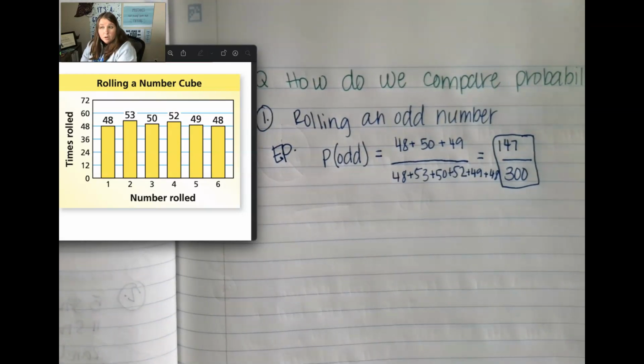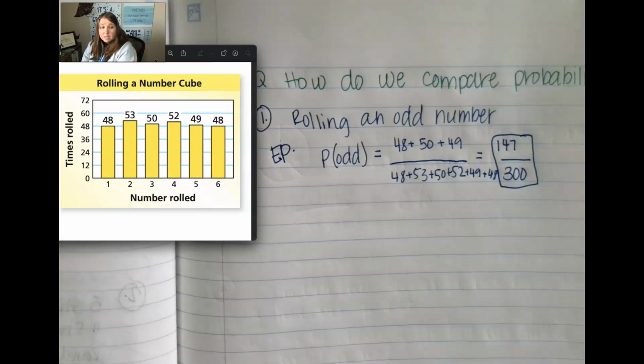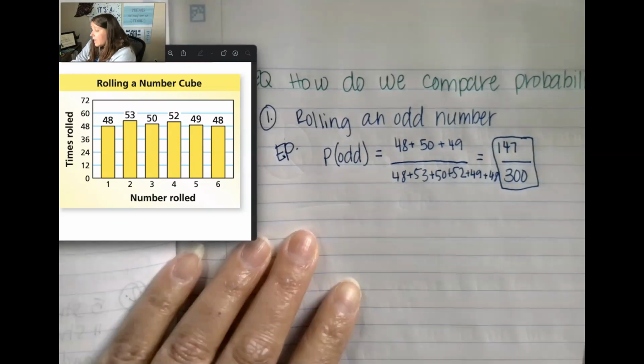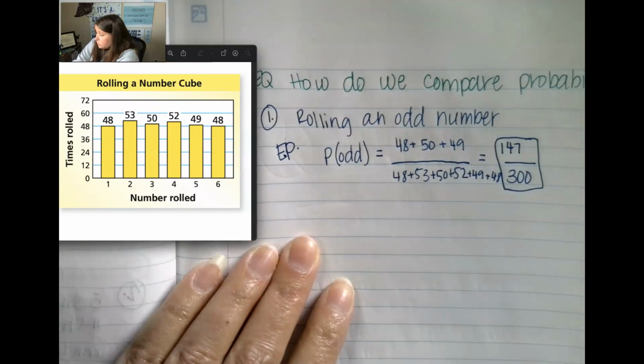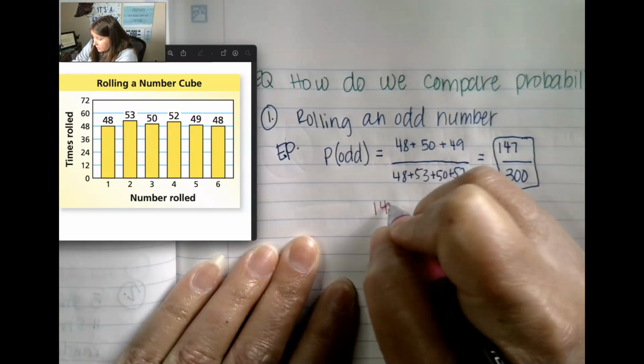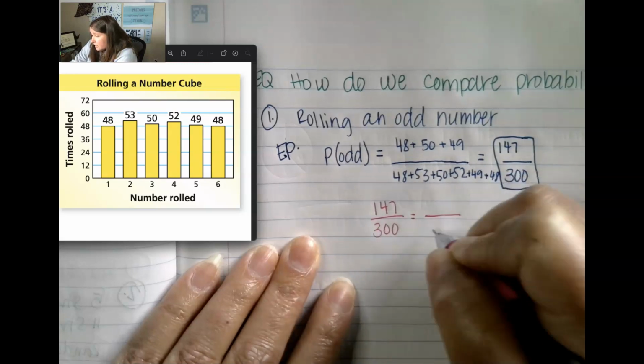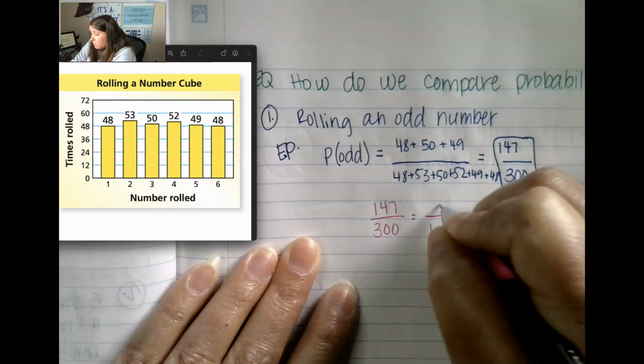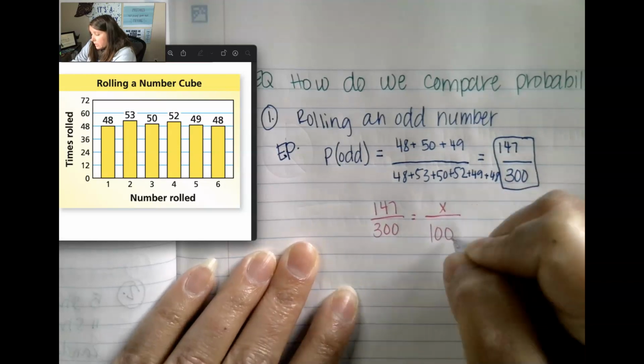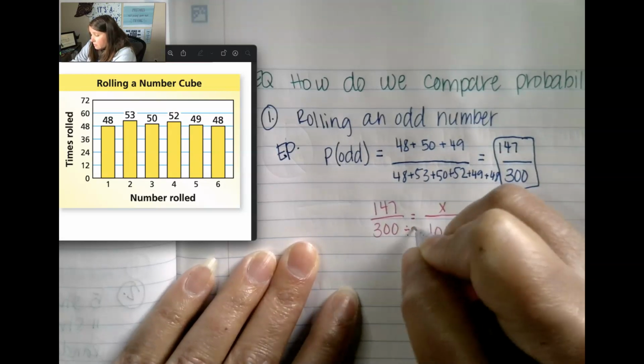So now we need to reduce this down and find the percentage. So we're going to get this to be out of 100. So we want 147 over 300 to equal something out of 100. Well, we know that to get from 300 to 100, we divide by 3.